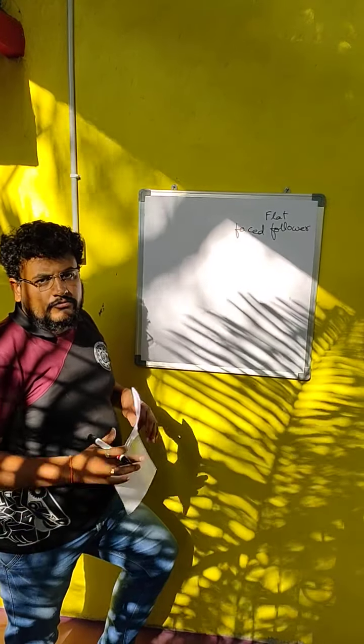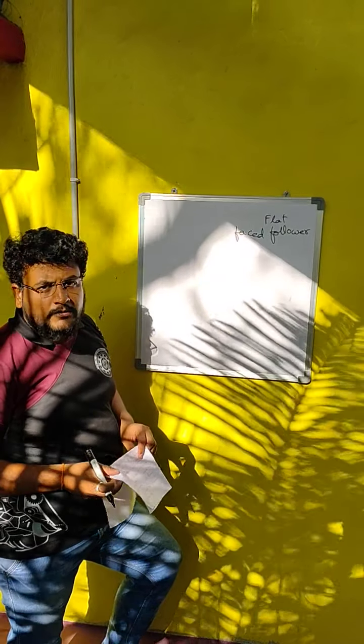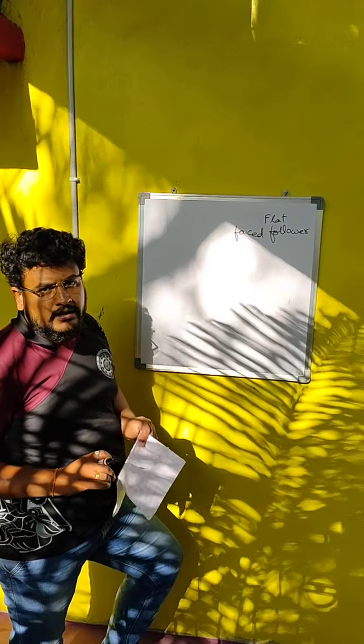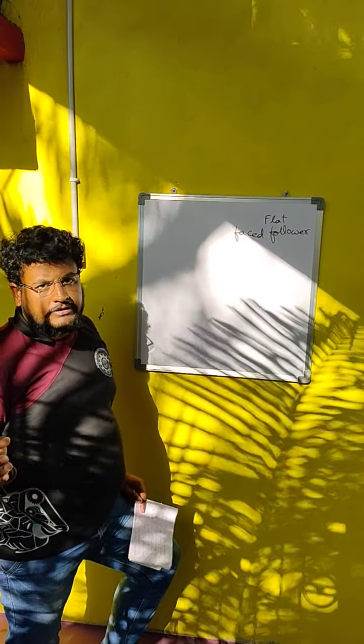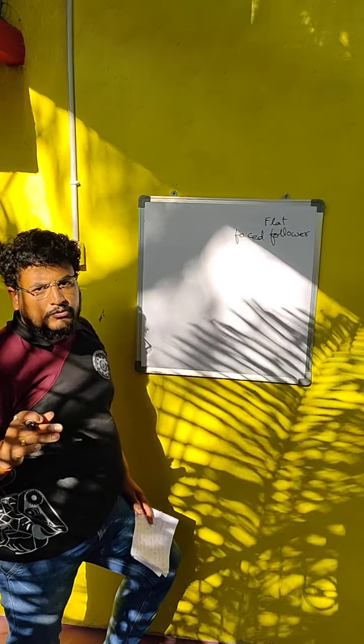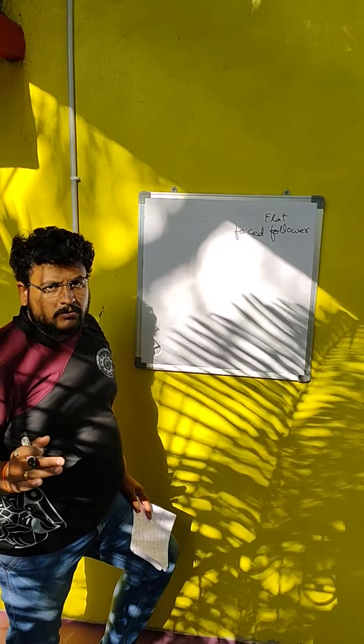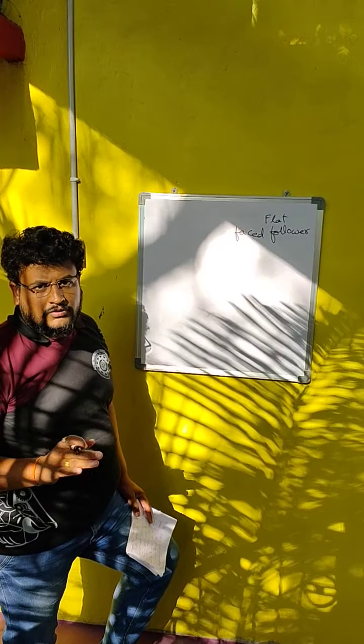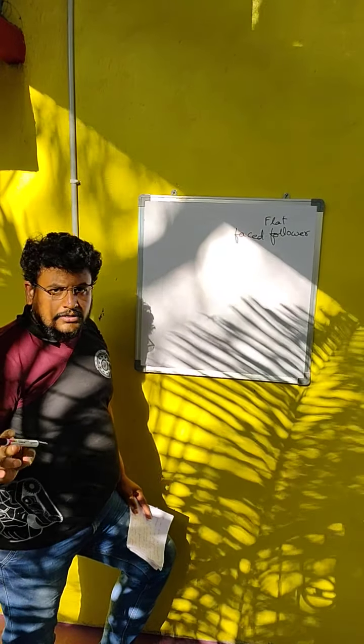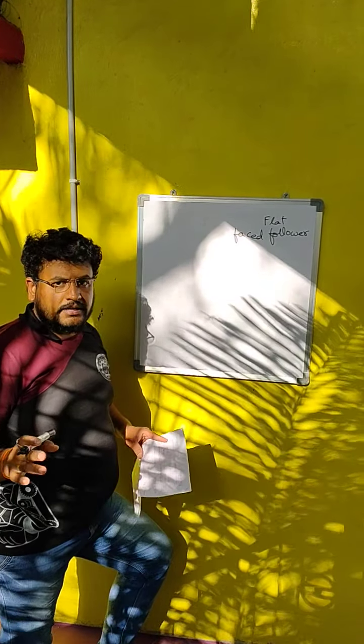Now first of all we have to know the condition. We have to check in what type of motion the follower moves, whether it is moving with uniform velocity or simple harmonic motion. That is what we have got so far. One more motion is there, which is nothing but uniform acceleration and retardation. We will see that later.